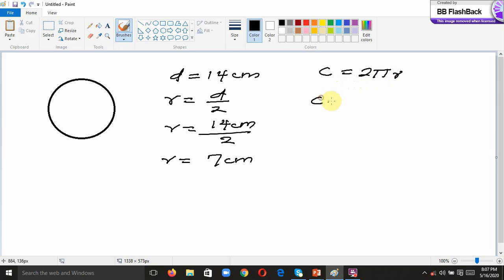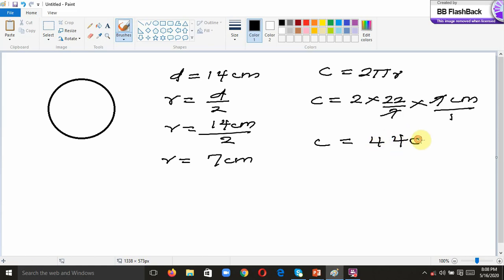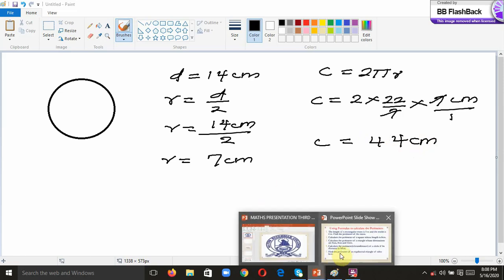So circumference is 2 times pi, which is 22/7, times radius, which is 7 centimeter all over 1. 7 cancels 7, so circumference is 2 times 22, that is 44 centimeter. So that is the circumference or the perimeter of the circle whose diameter is 14 centimeter.